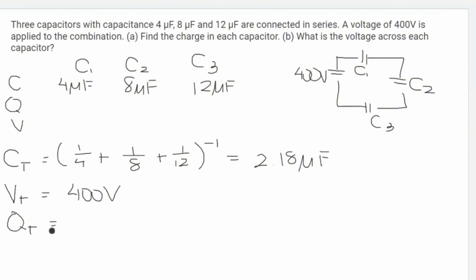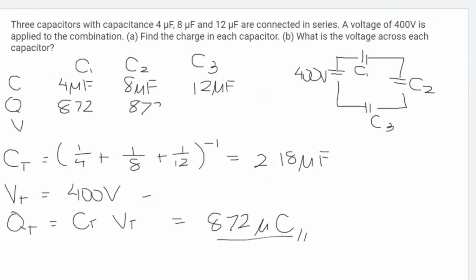So the formula for total charge is CT times VT. And this is equal to, if we multiply 400 and 2.18, 872 microcoulomb. This is the charges of all of these. So 872, 872, and 872.